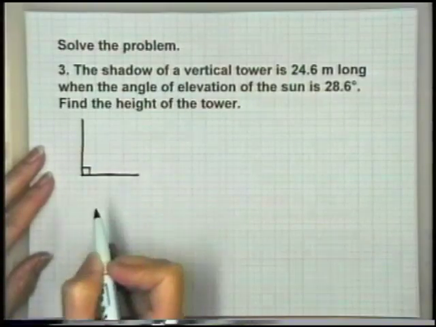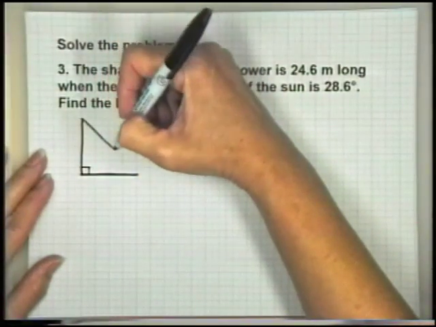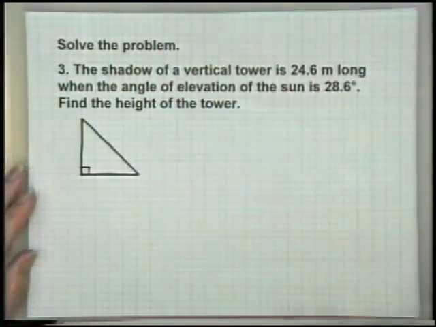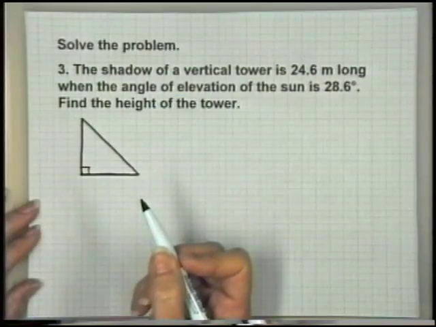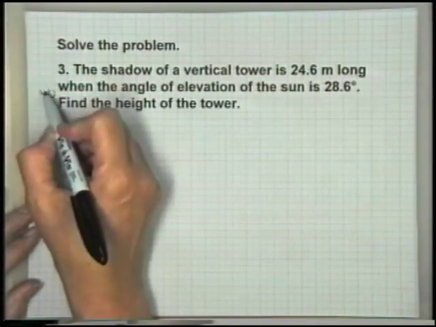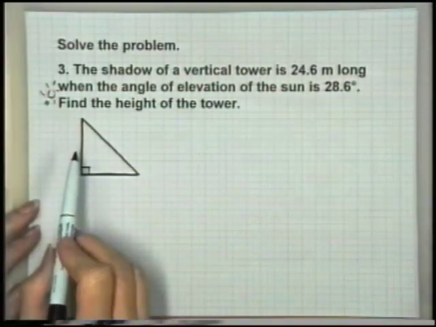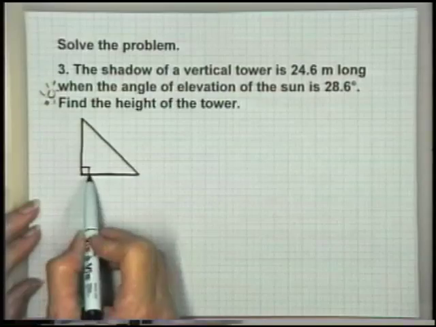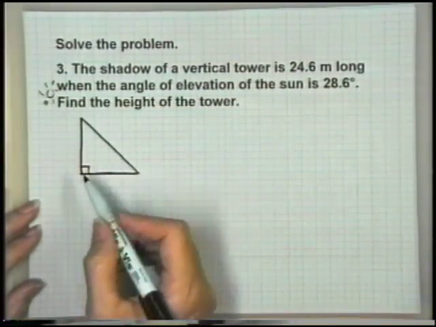So this will represent my ground. And let's go ahead and form our right triangle. Now, if this is my tower, and we'll pretend like my sun's up here, then its shadow will be represented by this length right here.